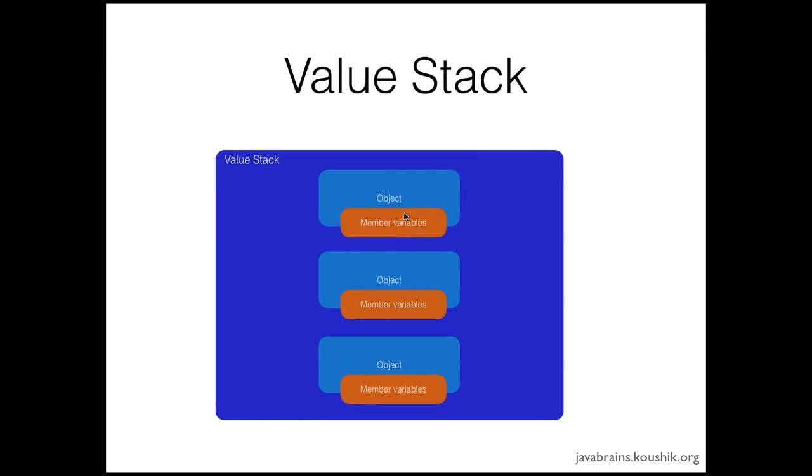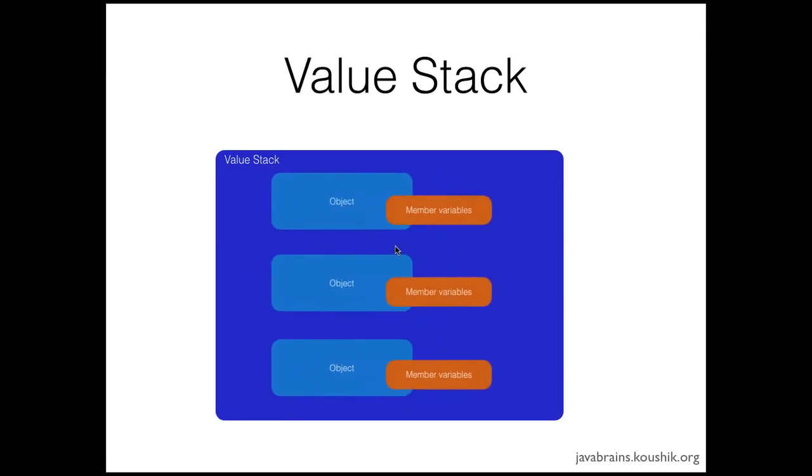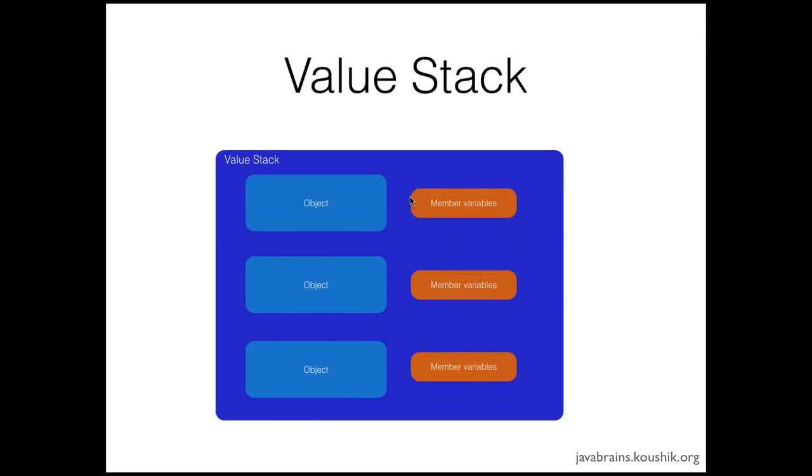But since this is a common thing that we would do, what the value stack does is it kind of isolates out all these member variables and behaves like a virtual object which has these member variables. So imagine these member variables are all taken out and then they become part of this value stack object itself.